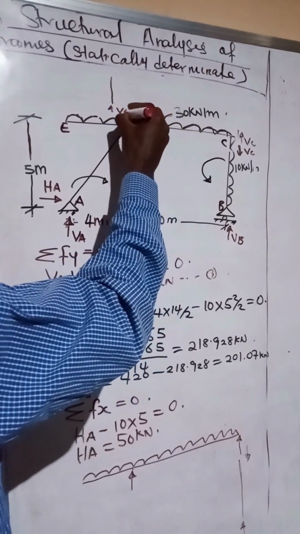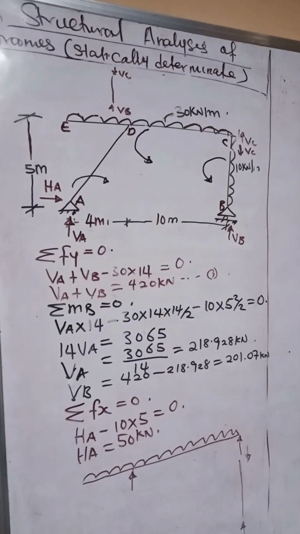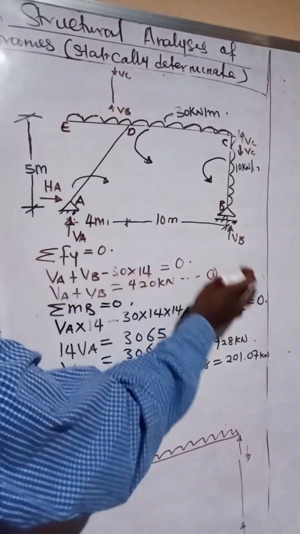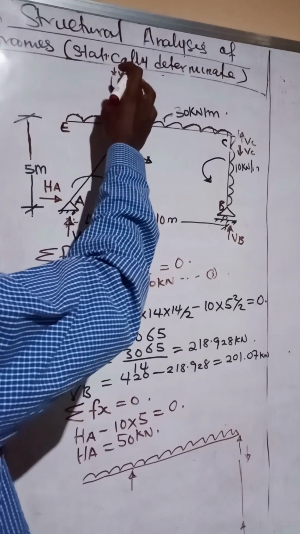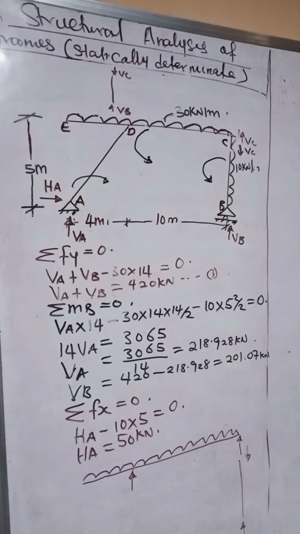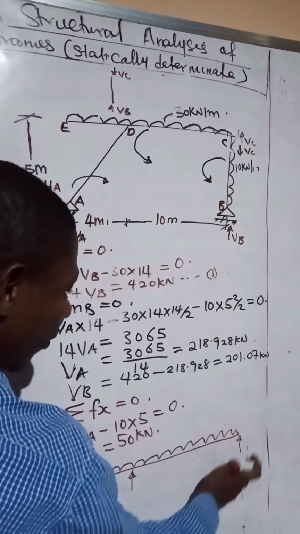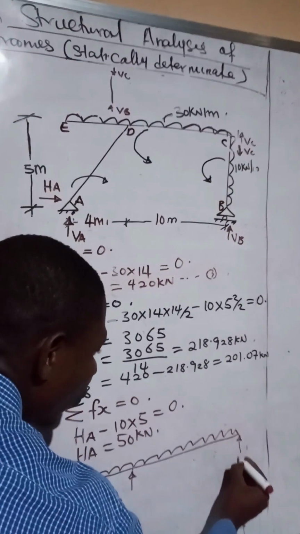This one is VB. This one coming here will be VC. All right, so we can say that VC and VB are equal and opposite in direction. So if VB is 201.07, VC will equally be 201.07, because they are equal and opposite in direction. So at this support here, we have our VB, which is then our VC, and the value is 201.07.